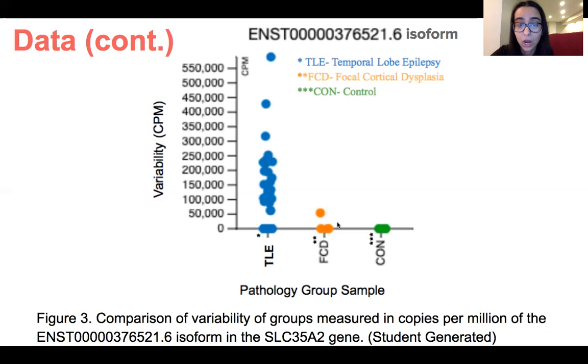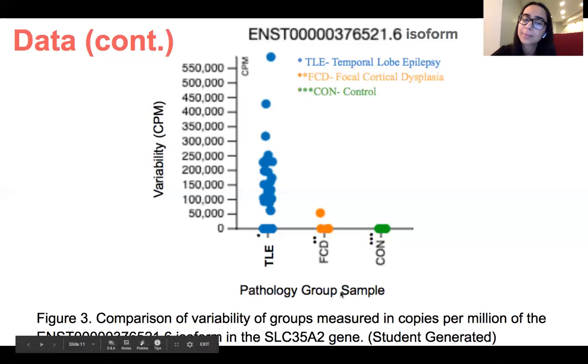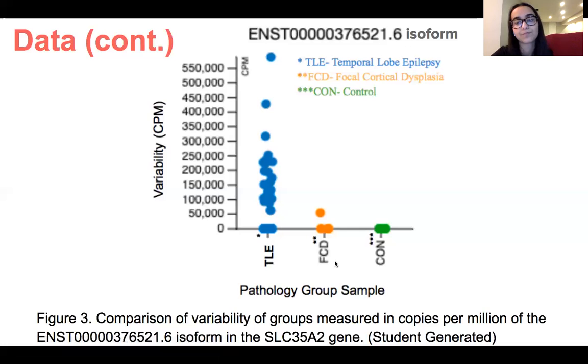So that's 5 over there, with only 1 of them being upregulated, meaning that these 14 out of these 17, with the 3 of them being down here, were upregulated compared to only 1, despite the lower sample size of focal cortical dysplasia patients.